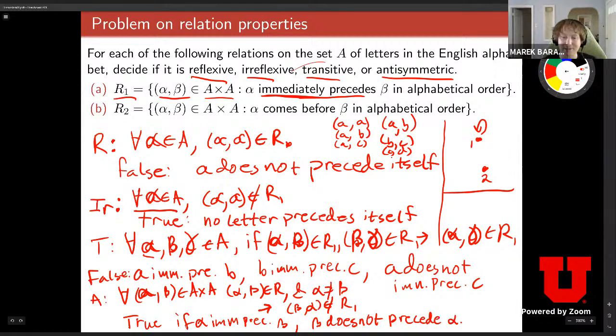In this case, it doesn't really matter that alpha and beta are different, because none of them are in the relation if they're the same, because there's no reflexive elements here. Any questions on this?